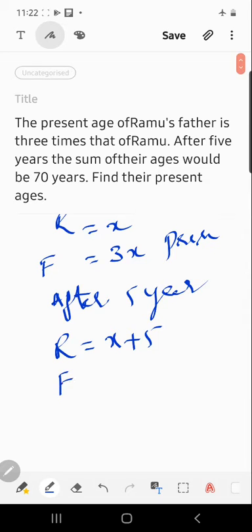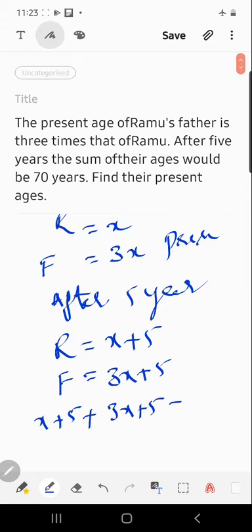And what is father's age after 5 years? 3x plus 5. So these are the ages after 5 years, but here the condition is that after 5 years the sum of their ages should be 70 years. That means if we add x plus 5 plus 3x plus 5, we'll get 70. This is the equation.